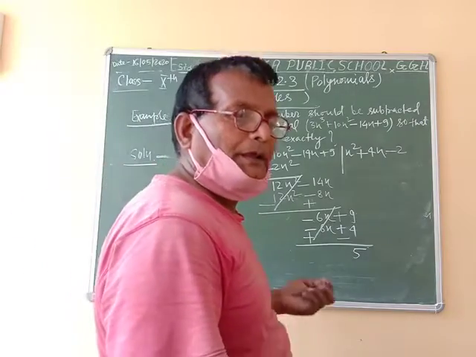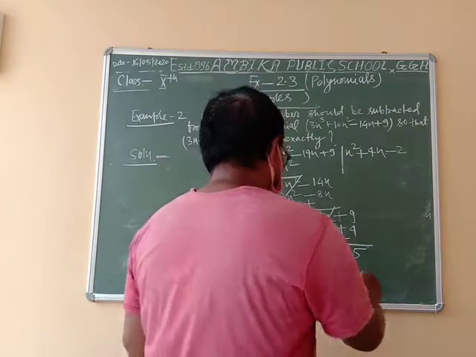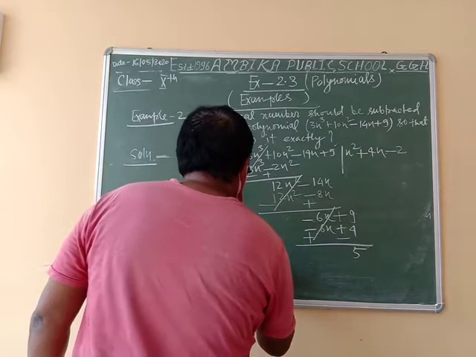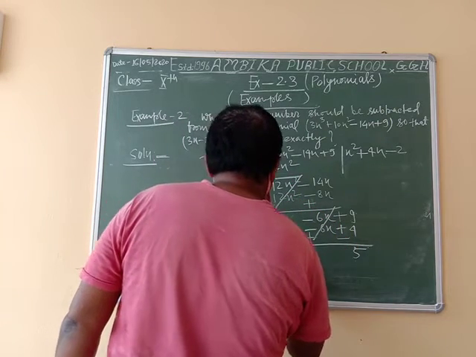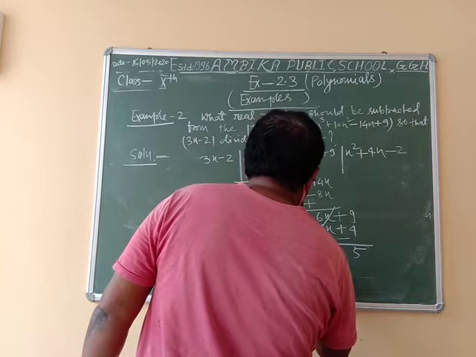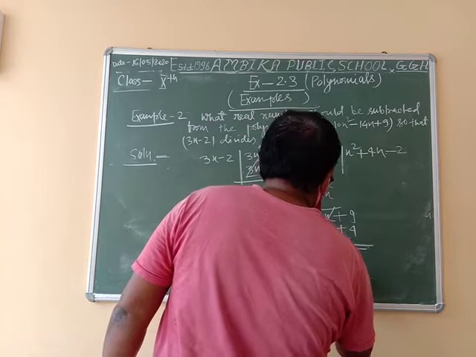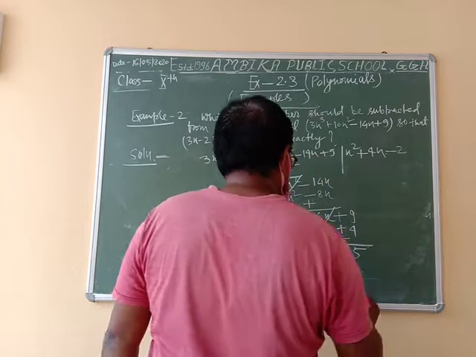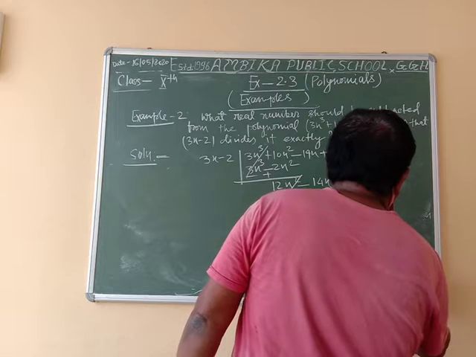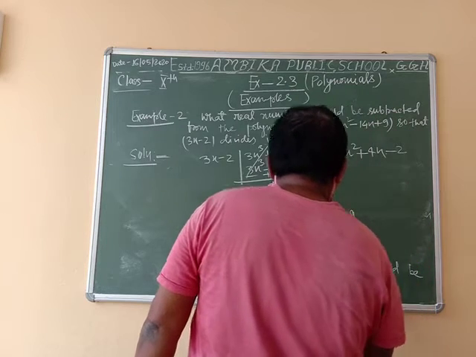So the required number to be subtracted is 5.